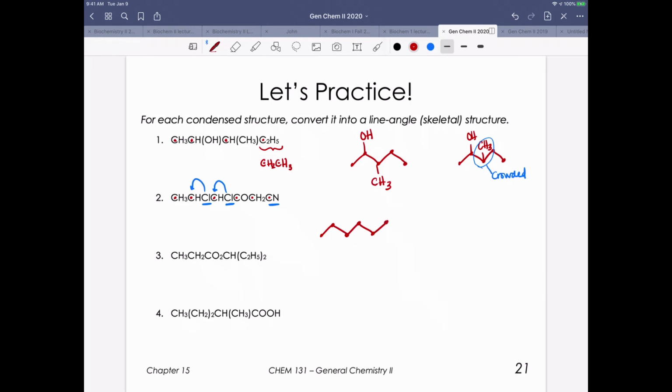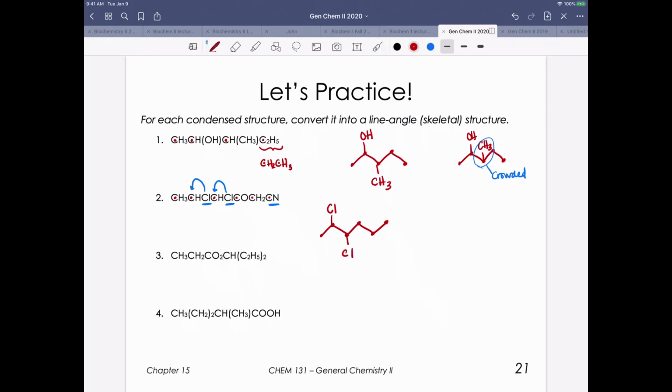Now, this chlorine atom right here belongs to the second carbon, so I'm going to put that there. I've got another chlorine atom here, so this actually belongs to my third carbon atom. I'm going to put that guy there.